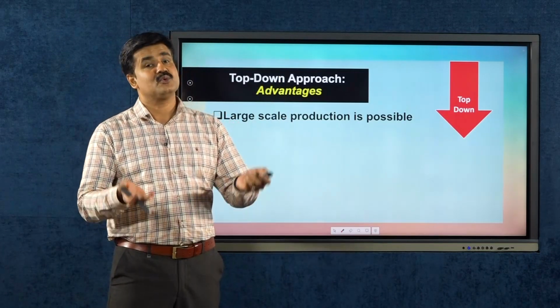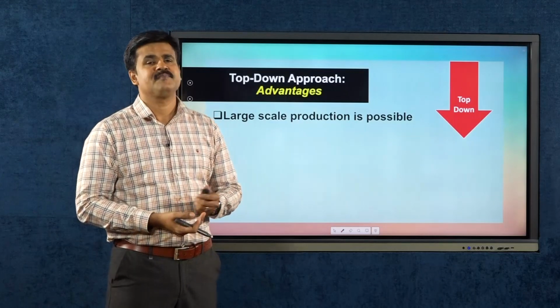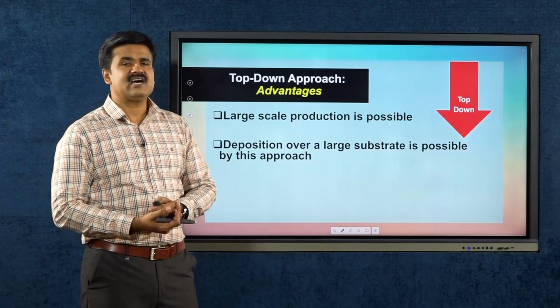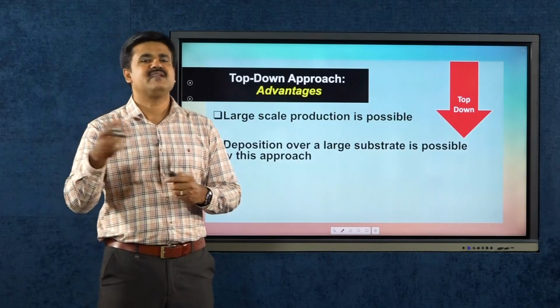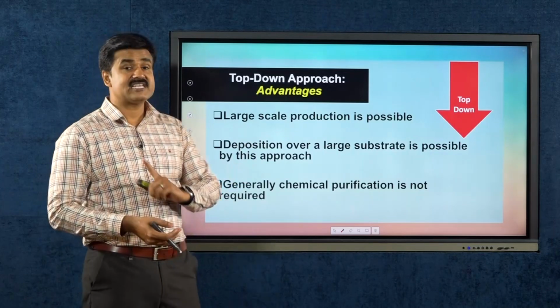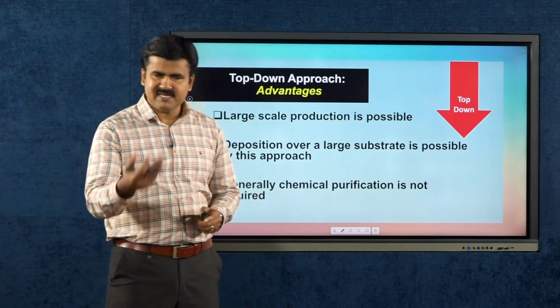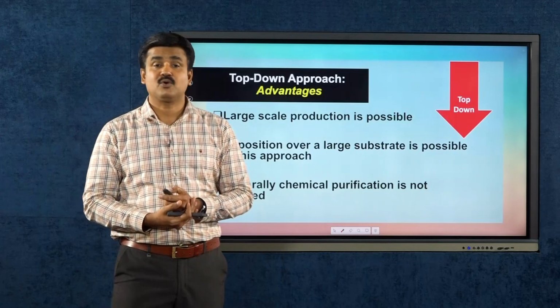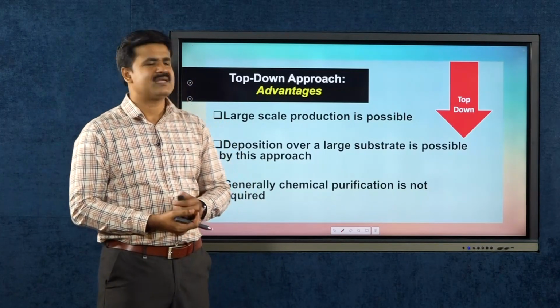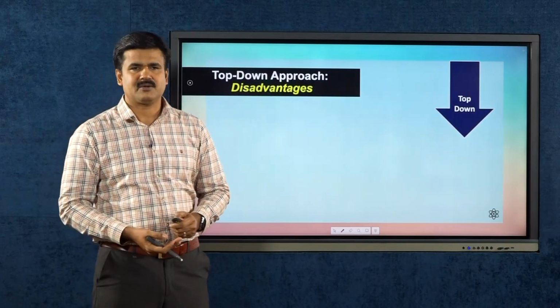We can prepare huge quantities of nanomaterials, and deposition over a large substrate, such as thin film coating, is possible by this method. Generally, chemical purification is not required. That means the obtained particles are more or less highly pure.